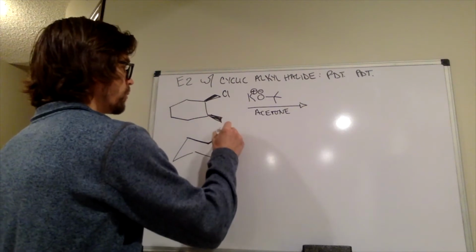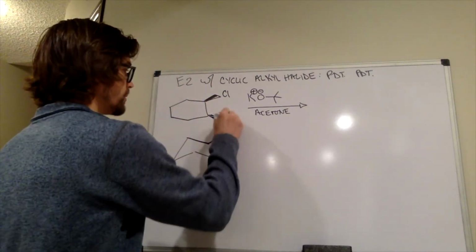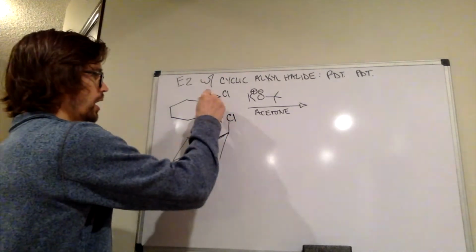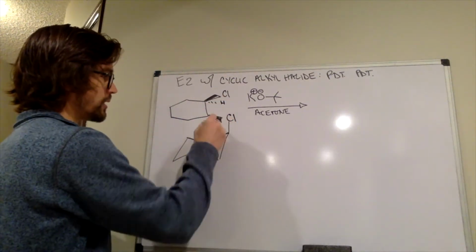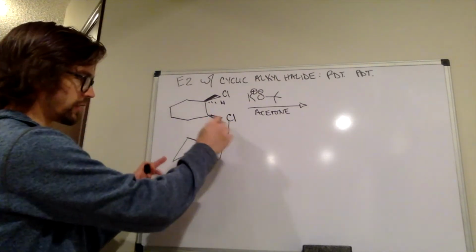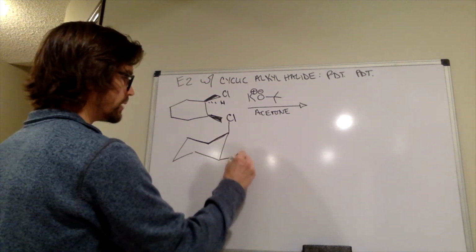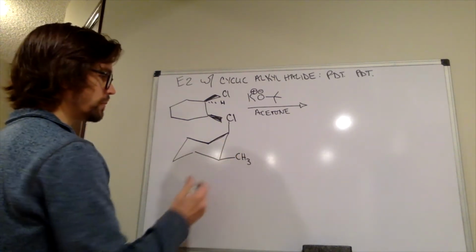So if we convert this skeletal structure to a chair structure, we have a Cl that is up, so it's going to be axial in that position. And this is a CH3, and that CH3 would be in that position.